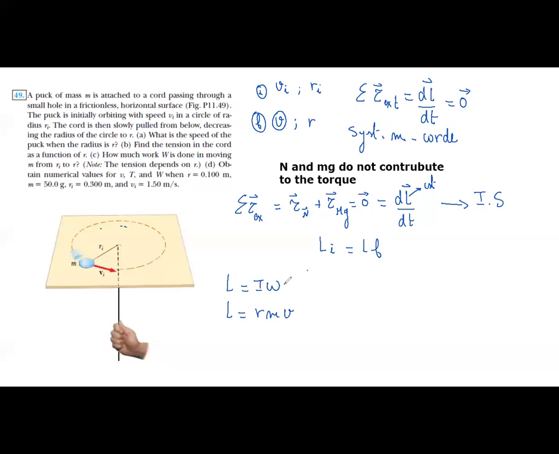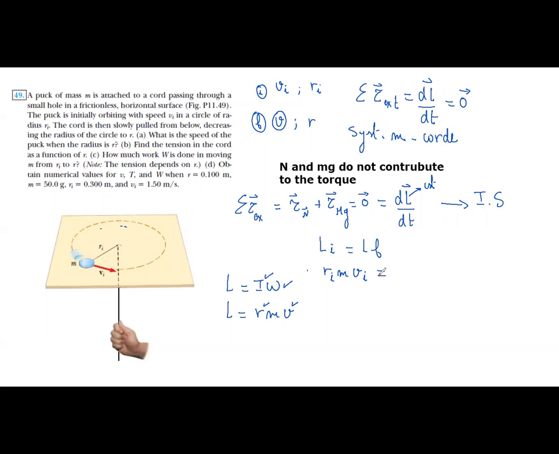This is in function of omega and I, and this is in function of R and v. As I want to calculate v, it's better to put the value of L in terms of R, m, and v. So initially we have R initial times m times v initial. This is the initial L.